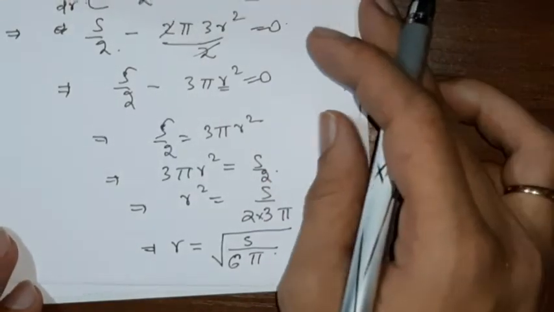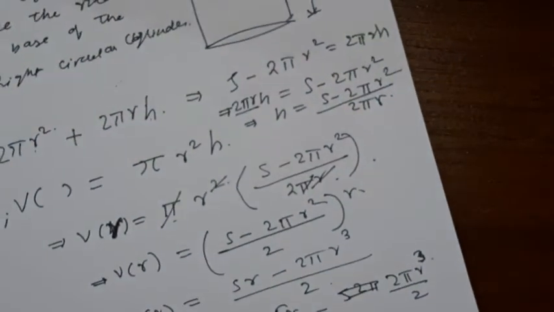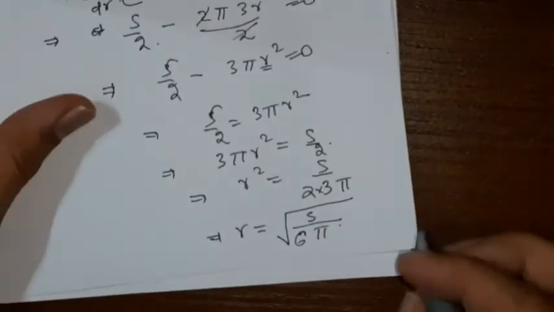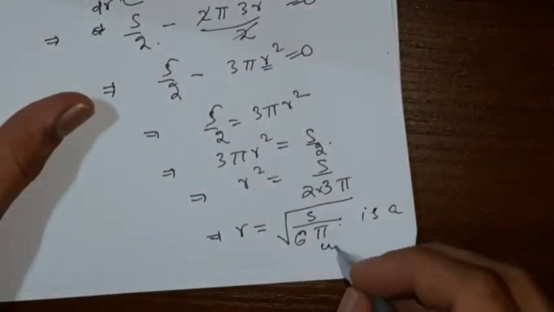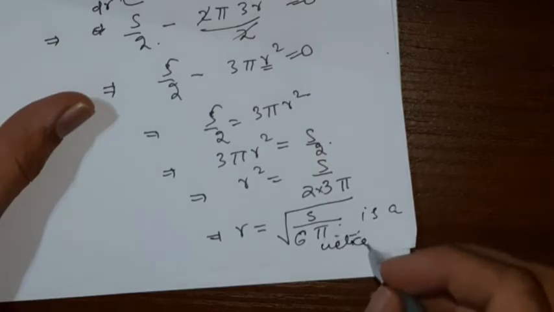I am not taking plus or minus, because r, the radius, is always positive. So the value of r we have got is the critical point.